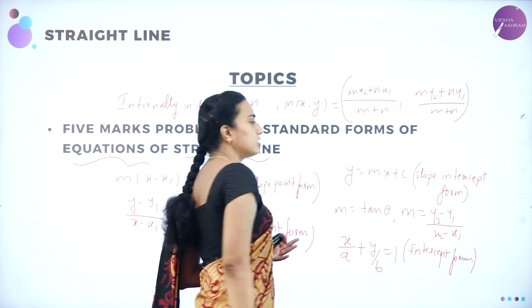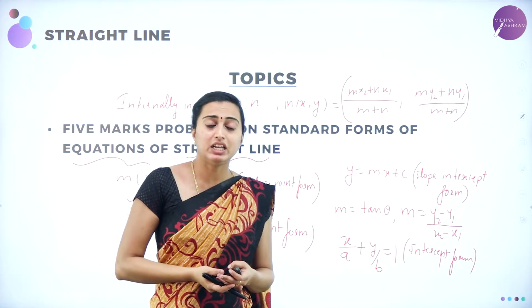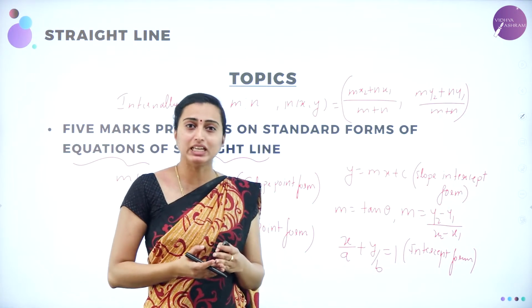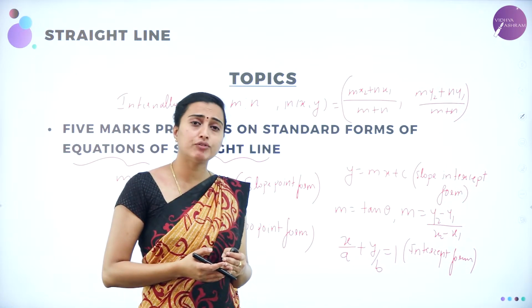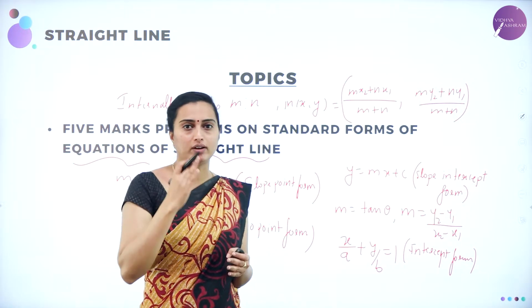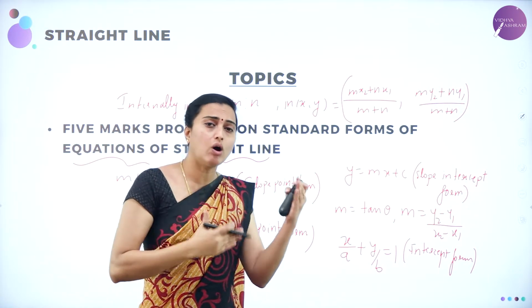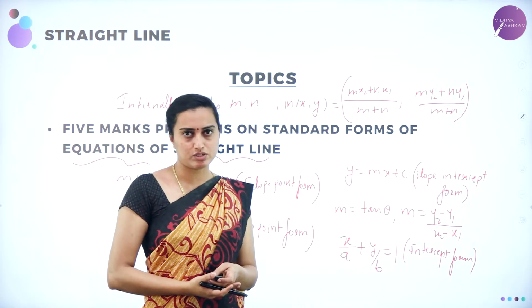Isn't it? This is when the line joining two given points divides internally in the ratio m is to n. If they've asked you to find the ratio, you take the ratio as k is to 1. Understood? All this we have to remember to solve the 5 marker problems.